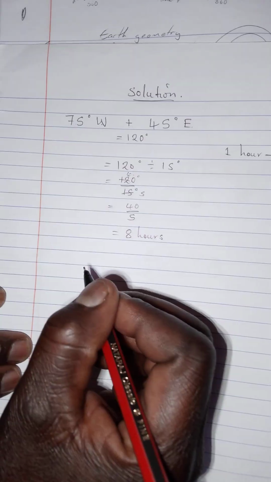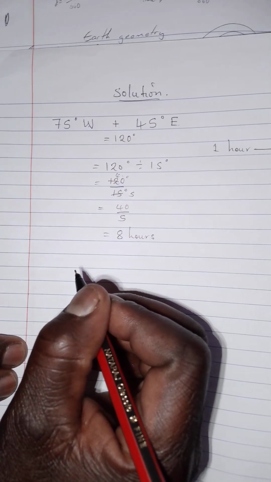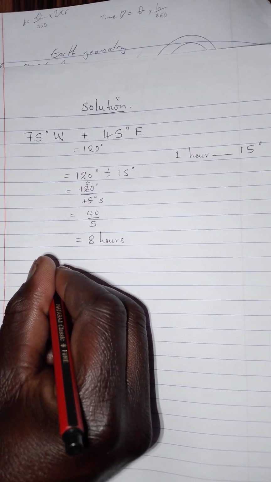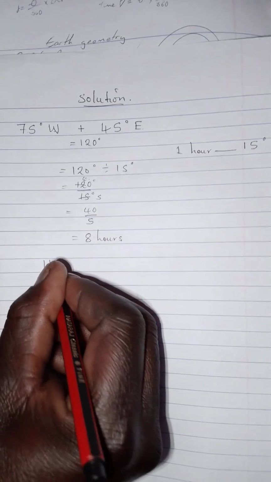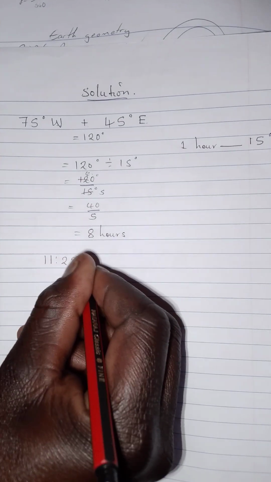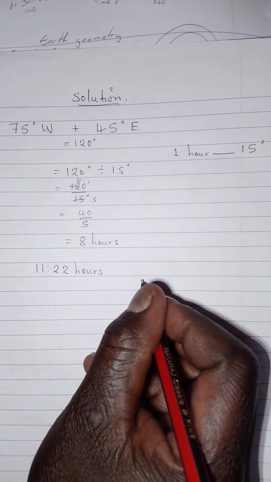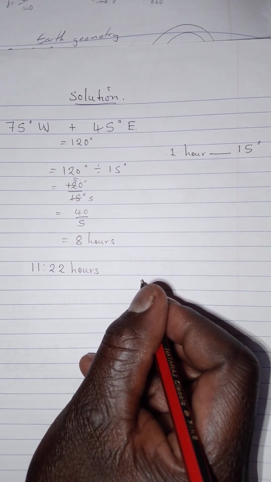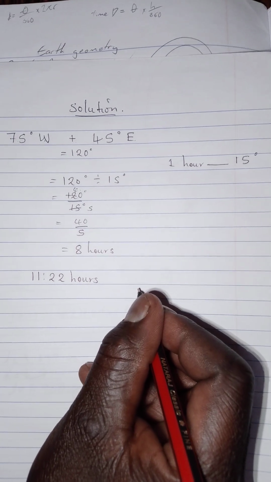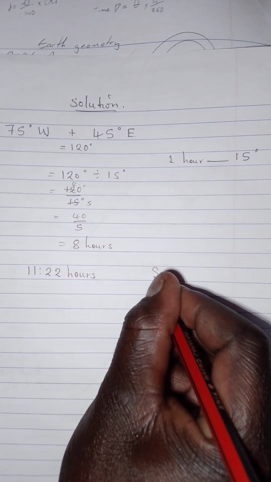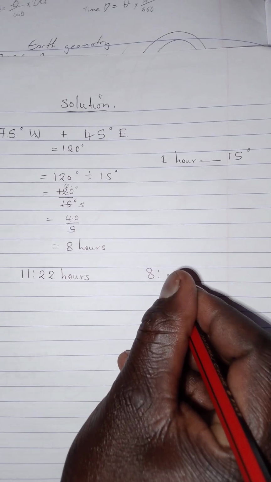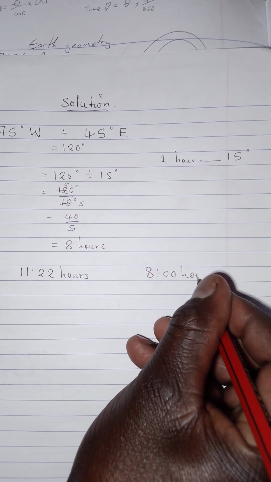Okay, so we are going to do like this. We are going to write 11:22 hours, which is the time at town A. Then we are going to write 8 hours in front there.